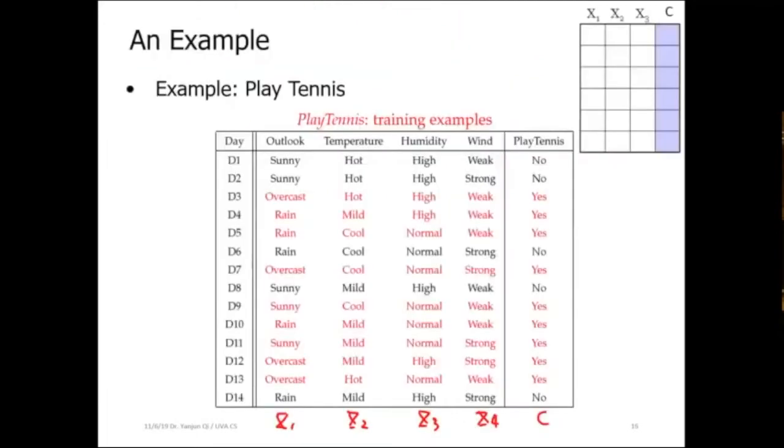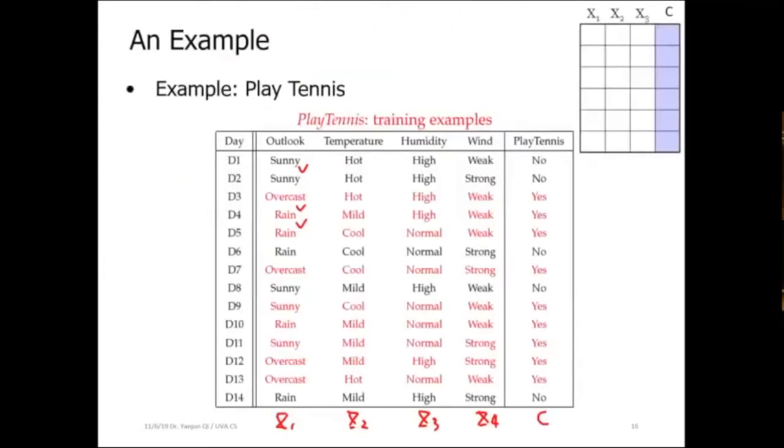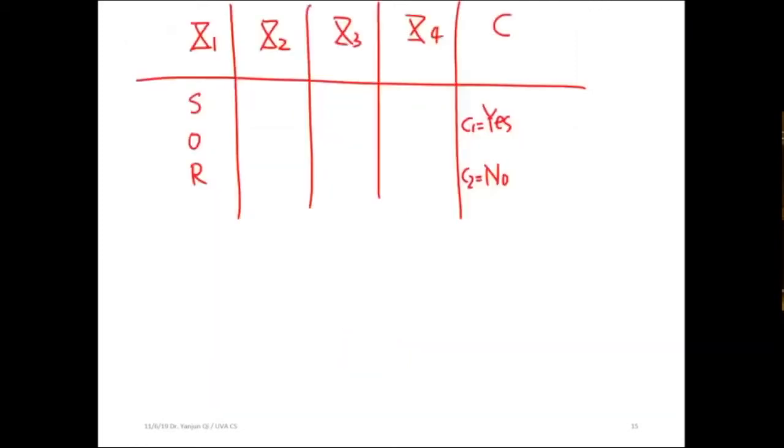For the first variable x1, there are only 3 values: sunny, overcast, and rain, SOR. For x2 we have hot, mild, and cool, HMC.